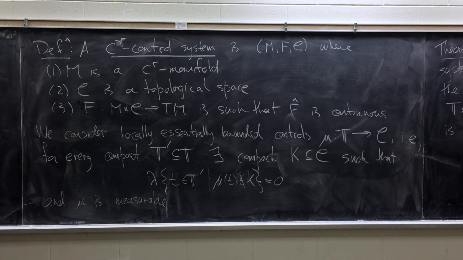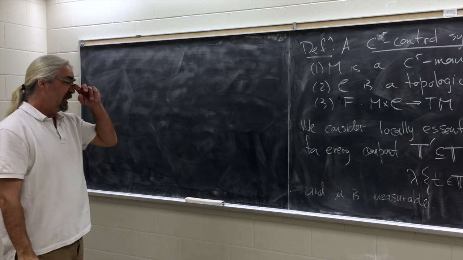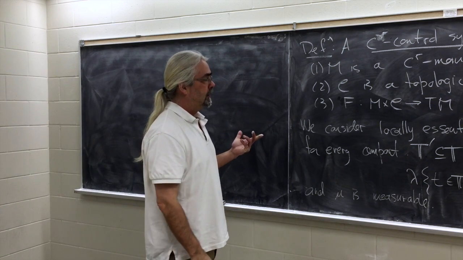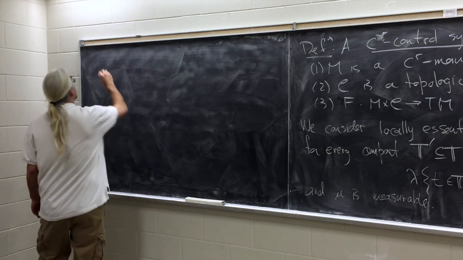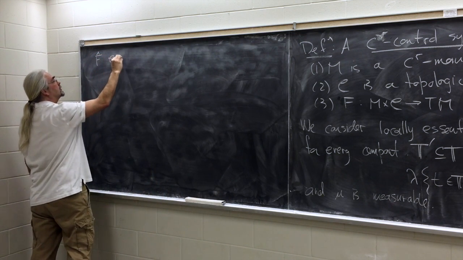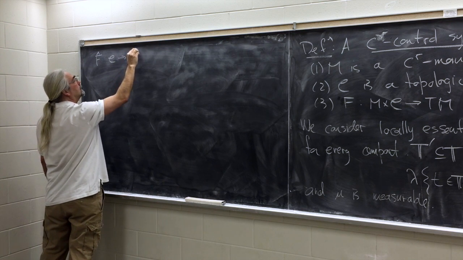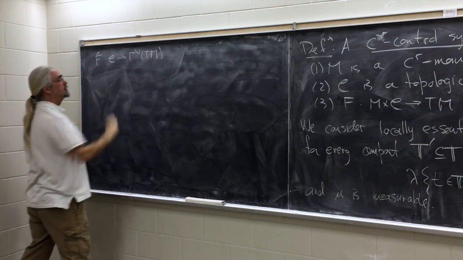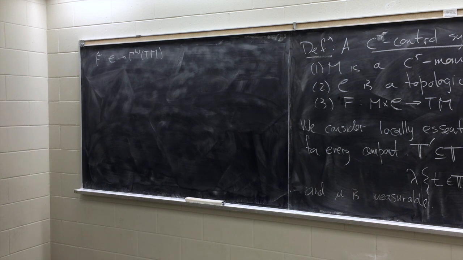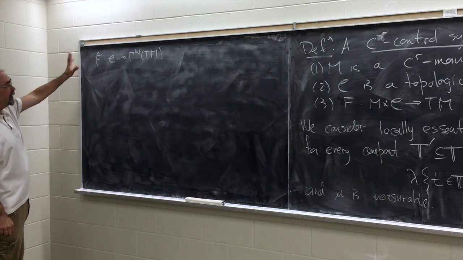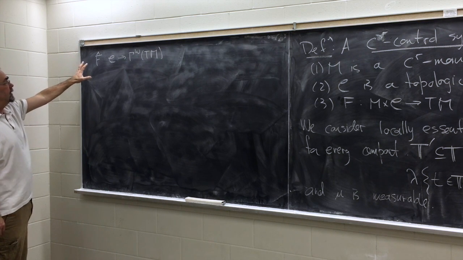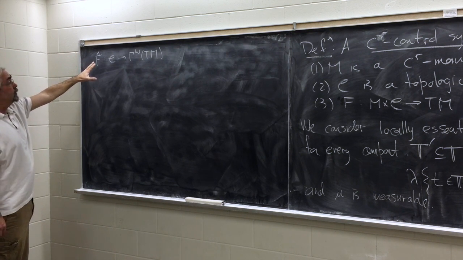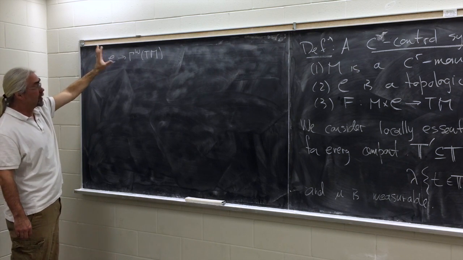All right, so about the analytic case, let me say something that very much relates to something we had last time. In the analytic case, to check continuity of this map f hat, from the space of controls into the space of analytic vector fields, is a priori unpleasant, because you have to check continuity for a large number of semi-norms.